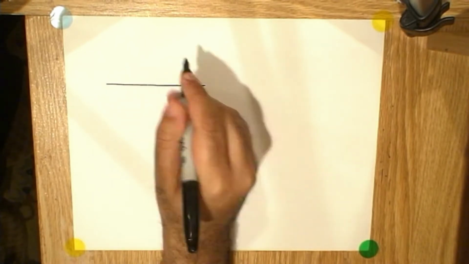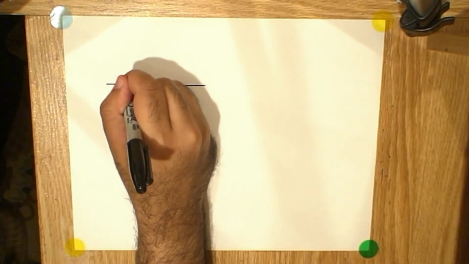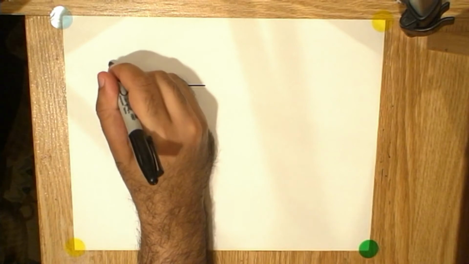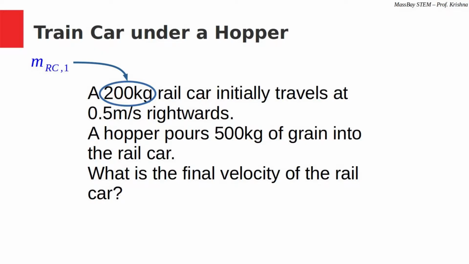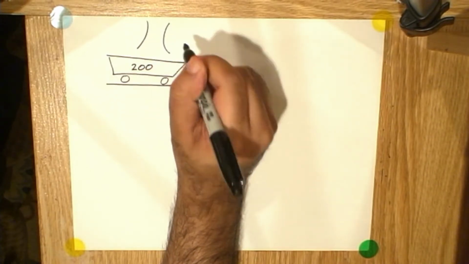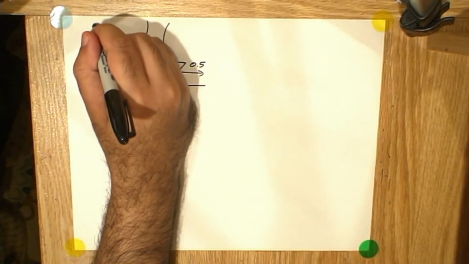In this question, we have a rail car which is moving along the ground. It has a mass of 200 kilograms. It's initially moving at 0.5 meters per second. It passes under a hopper.